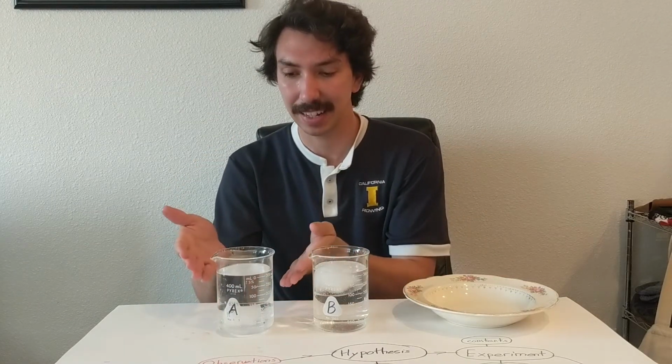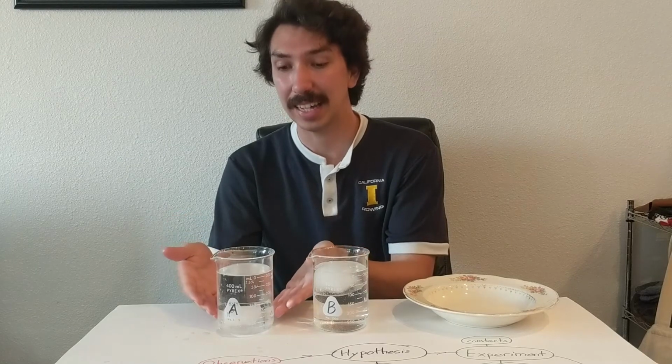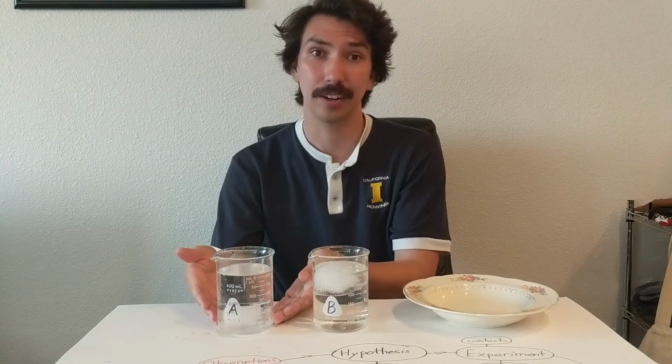So take the time and think. We know the ice sank in our liquid A, and we know the ice floated in our liquid B. So we might be thinking of a common clear fluid we know, water.